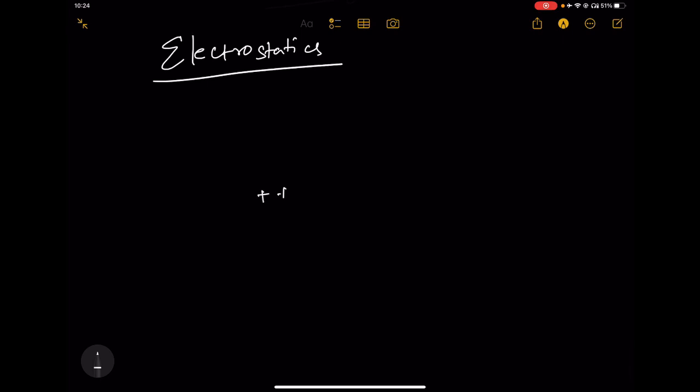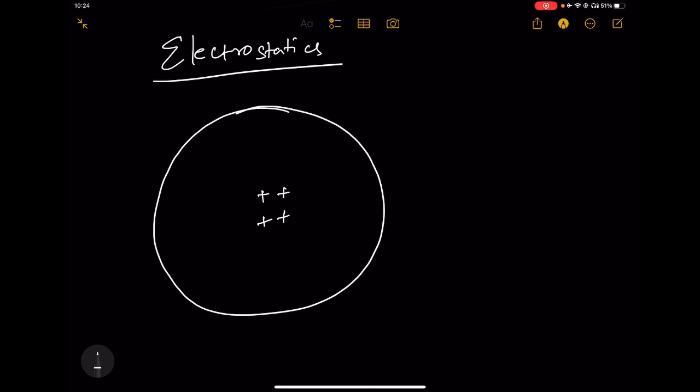For example, there are some charges like this, and you enclose this with a big bedspread like this, cover it with that. If you remember Gauss law, we were saying that charge is flux. If that is so, then what is the total flux coming out of this big enclosed bed sheet? It will be 4 coulombs.